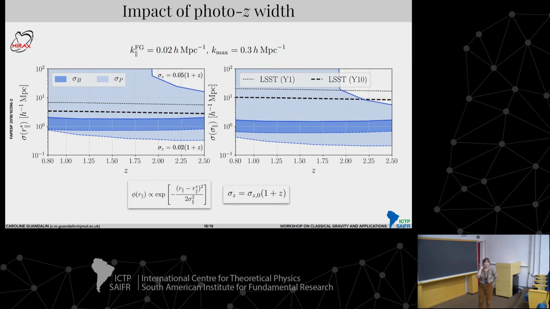So the take-home message of this work is that using the bispectrum, if you're trying to combine galaxies and intensity mapping to recover your photometric parameters, is highly recommended, because with the bispectrum you can recover those modes that are in principle lost to foregrounds.